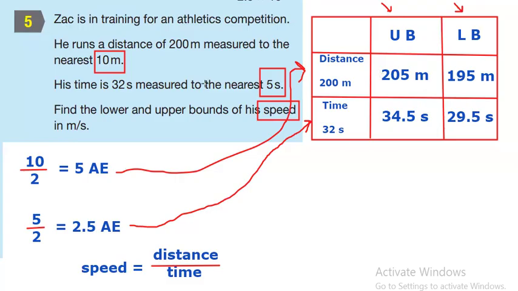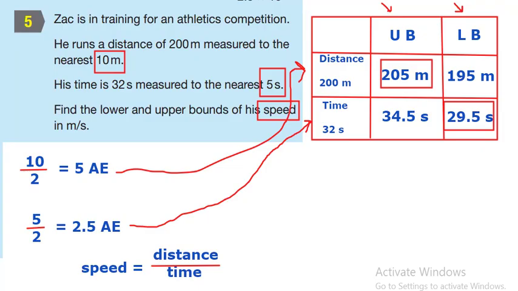So, for example, if you divide 205 over 34.5, you will get a smaller number than dividing 205 over 29.5, because the denominator must be the smallest and the numerator must be the biggest to get the biggest or the upper bound of speed.